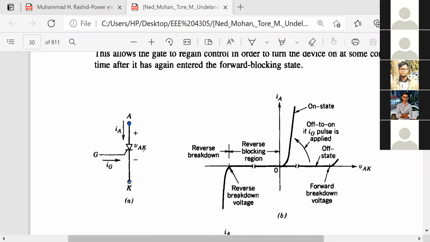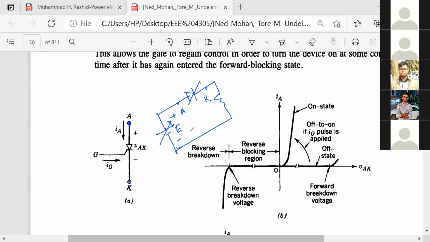So we shall apply here, okay, let me draw some. So you have a variable voltage. What is the biasing condition of this thyristor, if this is anode and this is cathode? Look, anode is positive with respect to cathode.